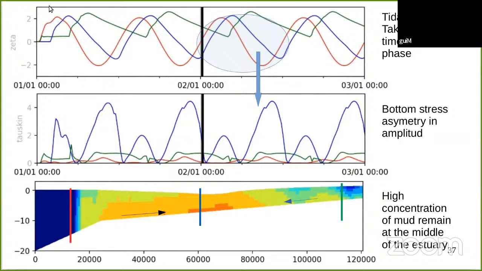In red we are offshore, and we still have the same phase, and if you are going there, we have an asymmetry of the tidal cycle. We also observe an asymmetry of stress.